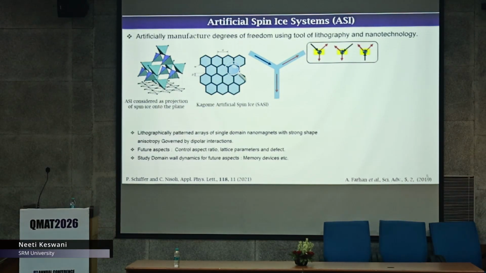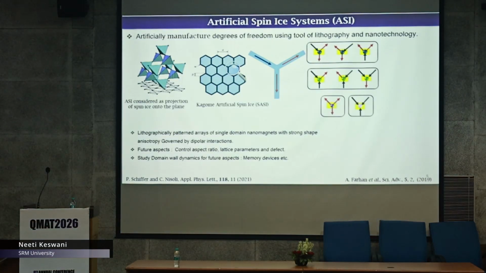So there are 3 possible degenerate states. Next, which I'll show you, is the 2 in 1 out state, 2 in 1 out again, and finally 3 out or 3 in, which are unfavorable energy states and difficult to secure. So they will have charges of minus qm, plus qm, and minus 3 qm or plus 3 qm. Obviously the last two states are very, very unfavorable.